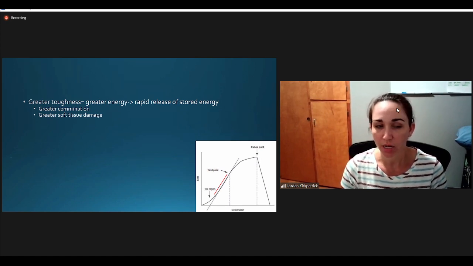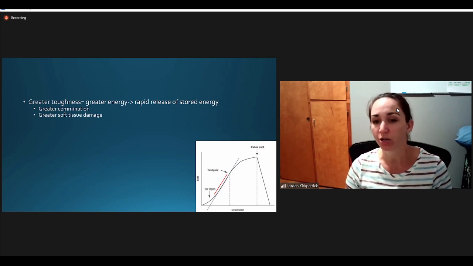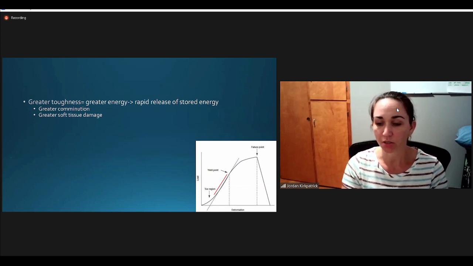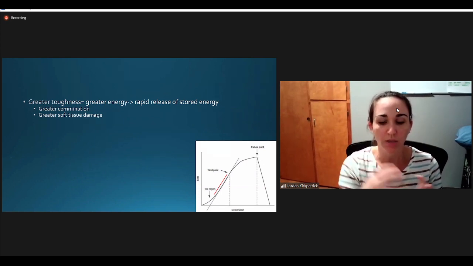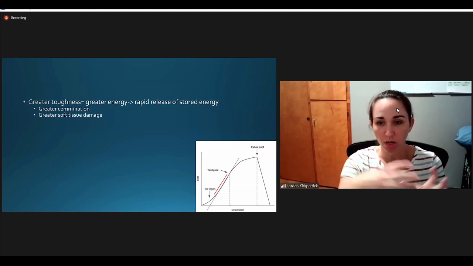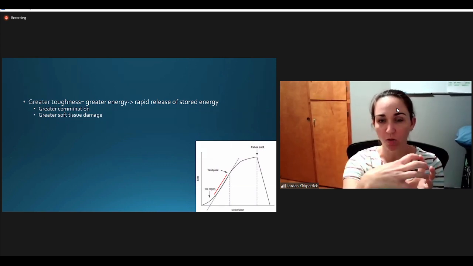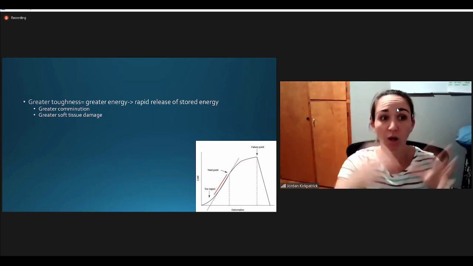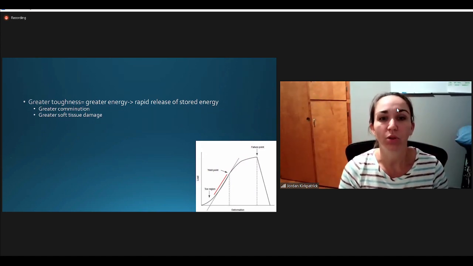That means there's actually greater comminution and greater soft tissue damage with the fracture, versus if it has less toughness, because it's able to deform a little bit easier and doesn't store all of that energy. Think of it as like a spring loaded. The more pressure you put on the spring, it can hold a lot, and then all of a sudden it can't hold anymore, and then it's just going to explode out. And that is bone with greater toughness. It has a rapid release of stored energy.